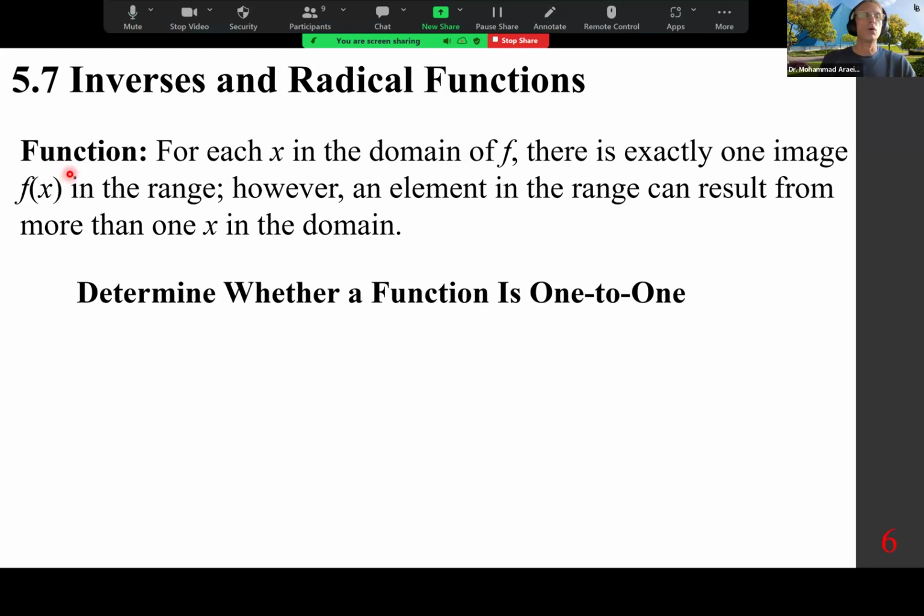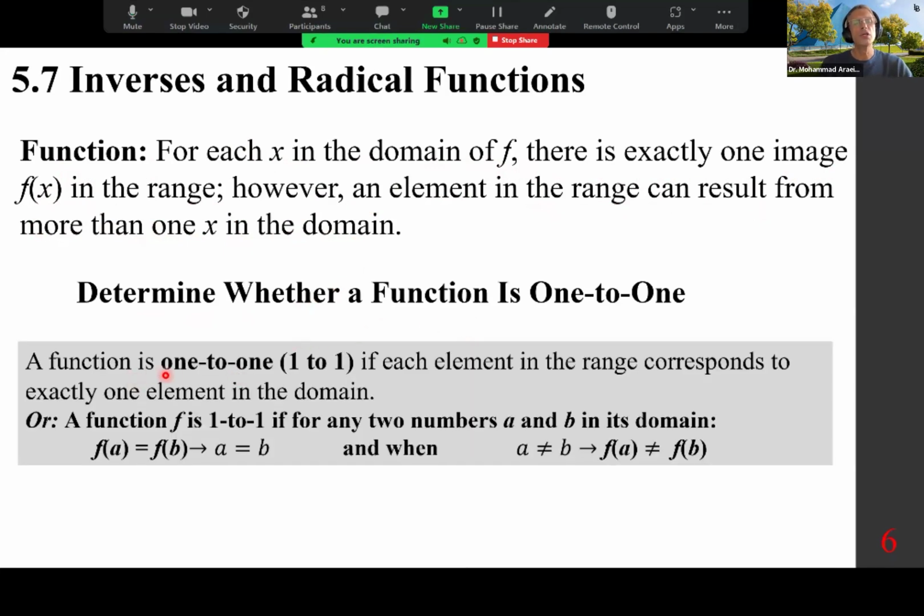A function, as you recall, has for each x in the domain of f exactly one image f of x in the range. However, an element in the range can result from more than one x in the domain. To determine whether a function is one-to-one, here's the definition. A function is one-to-one if each element in the range corresponds to exactly one element in the domain.